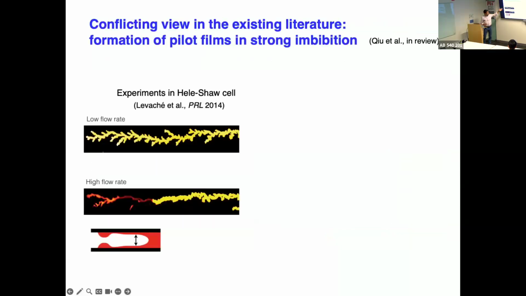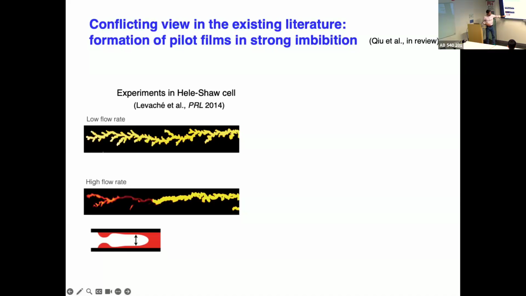But a few years ago, a good friend of mine, Denis Barthelot, his group, did some experiments, not exactly in a Kepler 2, but in a microfluidic channel, where they did this type of experiments, and they observed, and they are good experimenters. So we borrowed actually a lot of their techniques in our experiments.